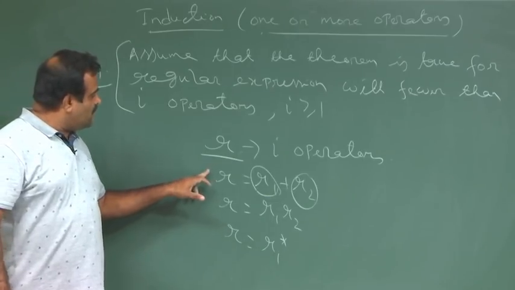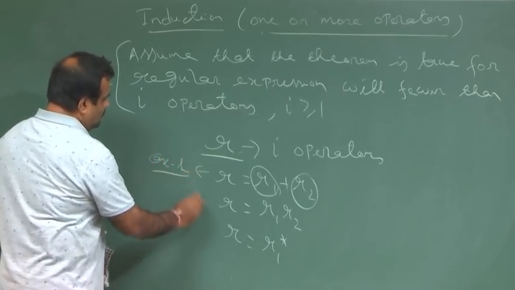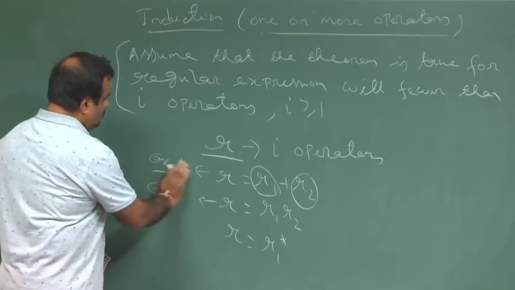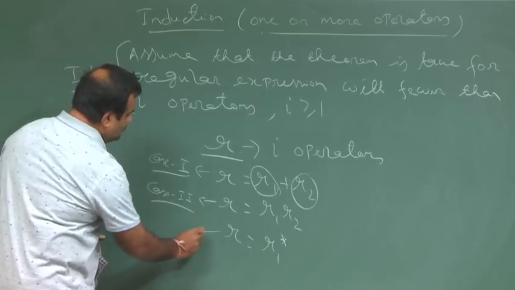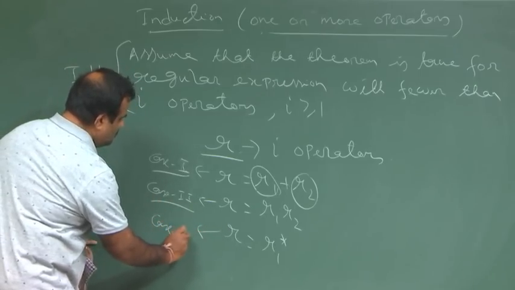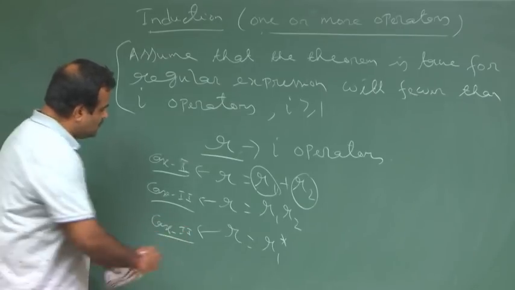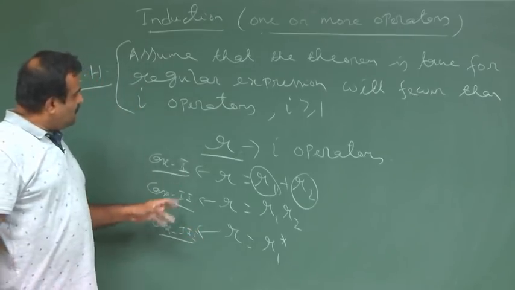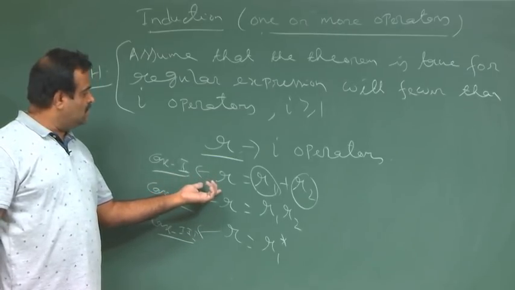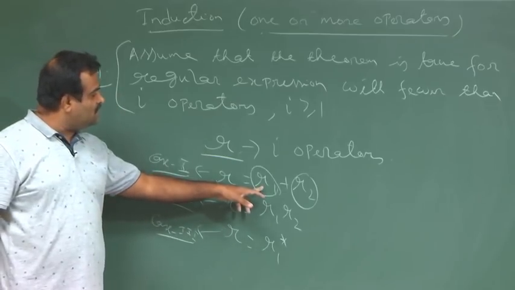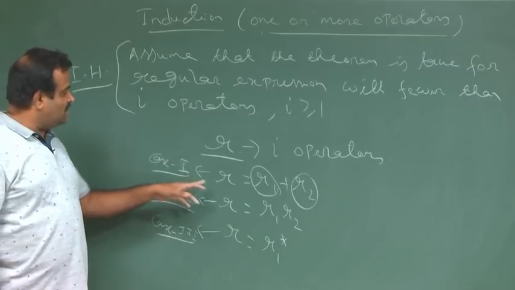Then we will show, by these 3 cases, which we refer to as case 1, case 2, and case 3, that we have the epsilon NFA for R with the help of this assumption. If we have the epsilon NFA for R 1 and the epsilon NFA for R 2, then we can construct the epsilon NFA for R.